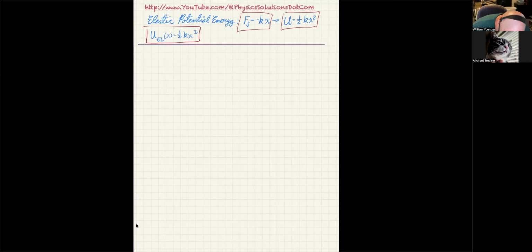The theorem that we talked about said that F is equal to the negative gradient of U. To help you understand what this is, I'm going to say negative, and then what I want you to understand is that the gradient is a vector, if you will.